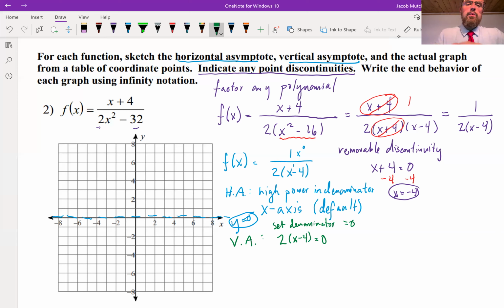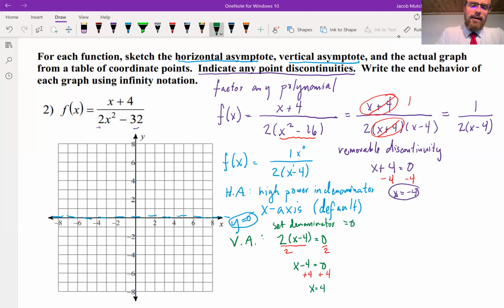So I'm going to solve this one. I'm going to divide the 2 over, and it just disappears into the 0. Cancels on the left. The right remains 0. 0 divided by anything except 0 is itself. And then I'm going to add 4 over. And right away, I get this equation for my vertical asymptote, x equals positive 4.